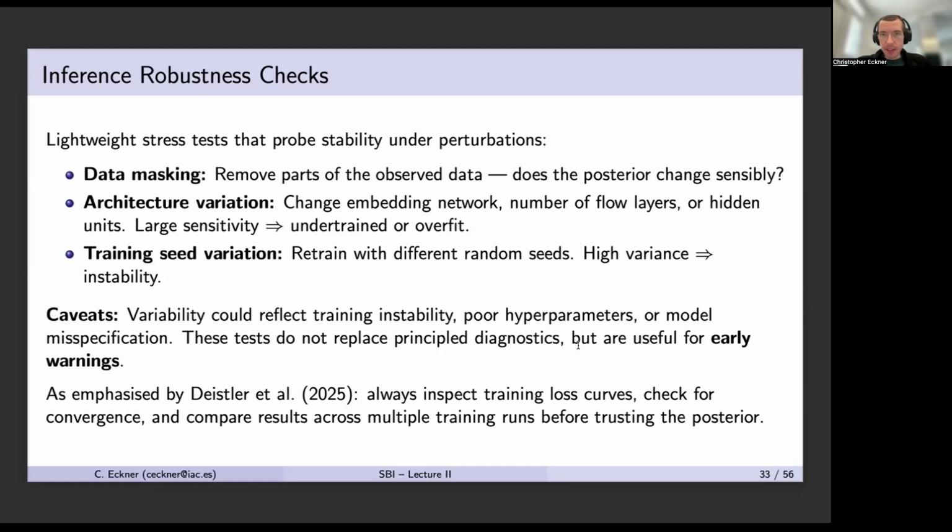And then you can also do training with fixed random seeds. So do not just use computer time as a random seed, but actually use different seeds right from the start and compare what the output of my posterior estimation, likelihood estimation, or ratio estimation is for different random seeds.